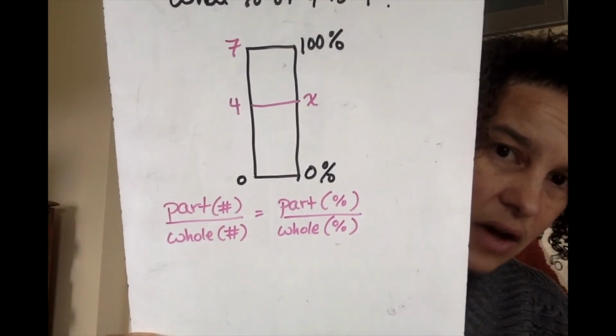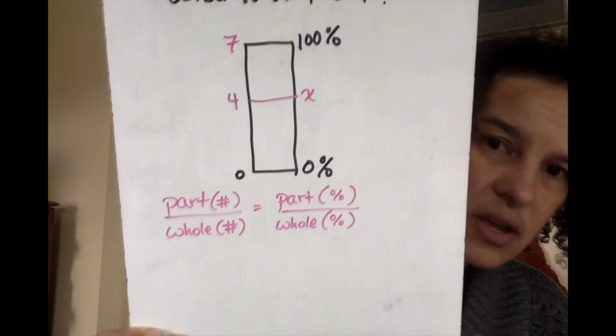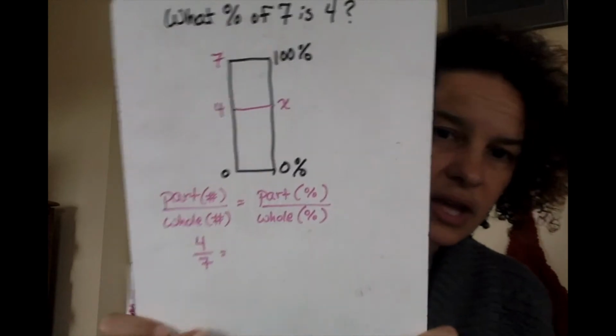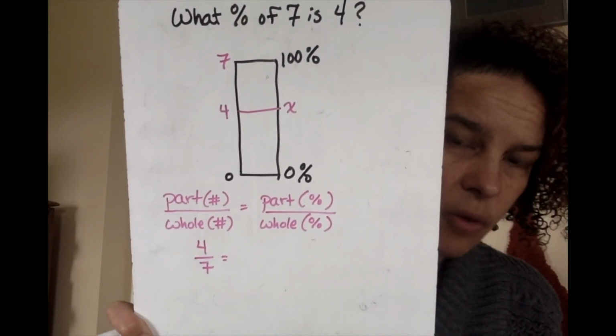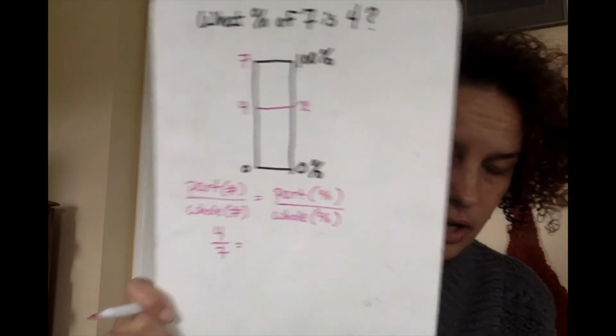All right, so now let's go ahead and put in the numbers from the problem. My part number is 4 over my whole number is 7. 4 over 7 equals my part percentage is X and my whole percentage is 100. My whole percentage is always going to be 100. So this is going to equal X over 100.